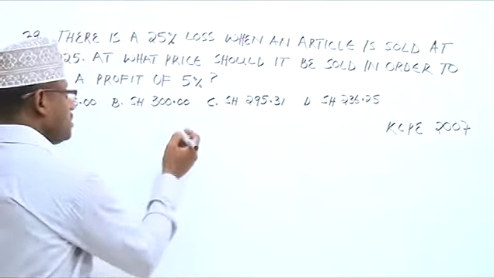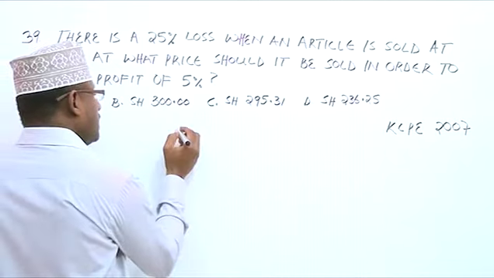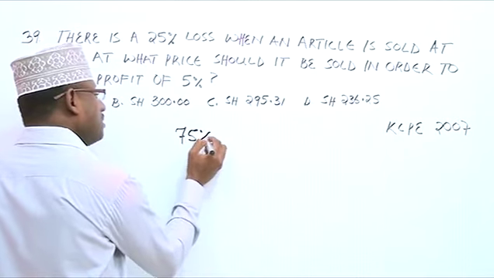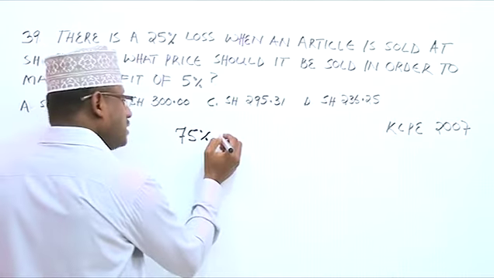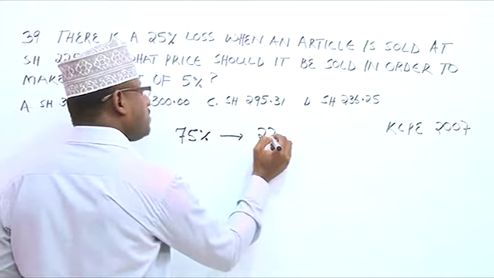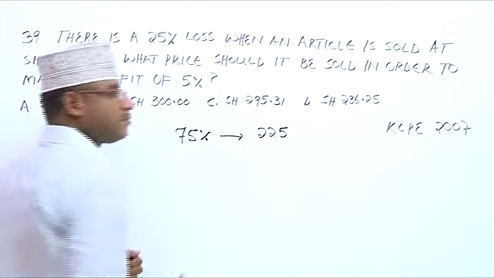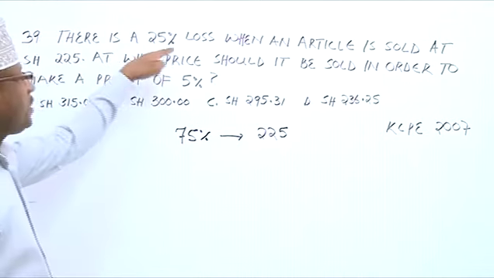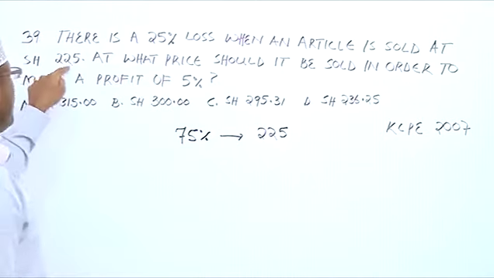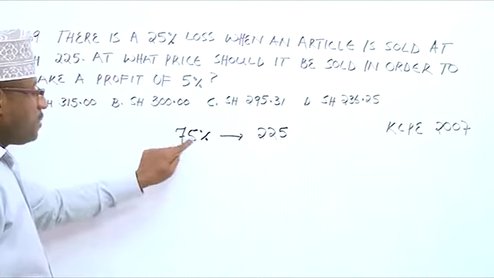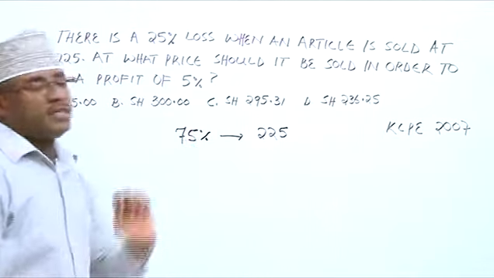So you say now, if he sold the item at 75% of the price at which he bought, and this price is 225, the question has already given us. See, there is a 25% loss when an article is sold at 225. So 75% is 225 shillings.